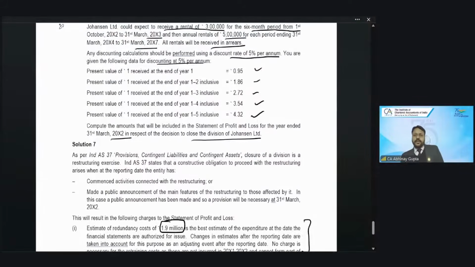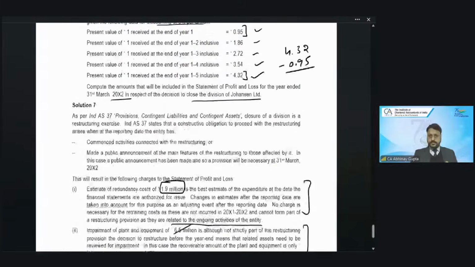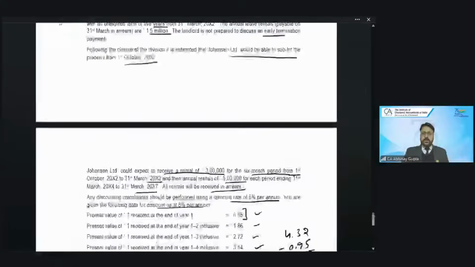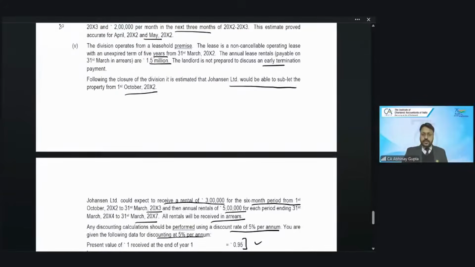For year one, it is 0.95, and for years 1 to 5, inclusive, it is 4.32. So 4.32 minus 0.95, into 0.5 million. Why 0.5 million? Because it is given in the question.